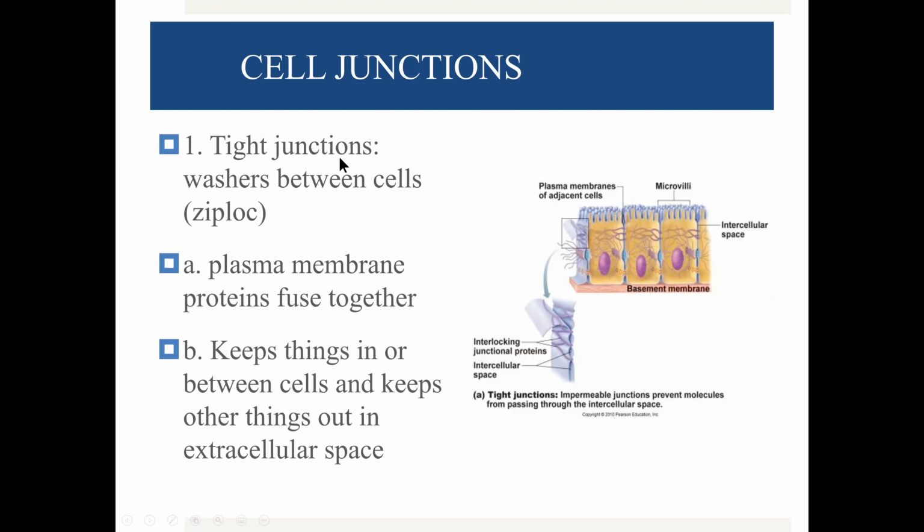We have a tight junction. Plasma membranes fuse together, and in between those cells, that interstitial fluid, the fluid outside the cell, is confined to those 2 cells, okay? Remember, we have extracellular fluid and intracellular fluid. This keeps other things out of the extracellular space.